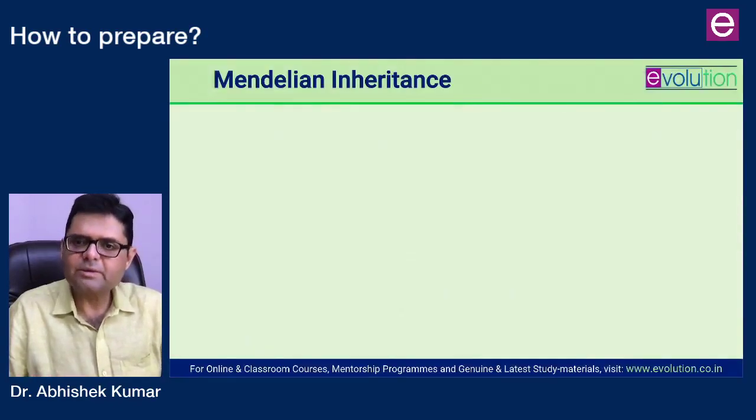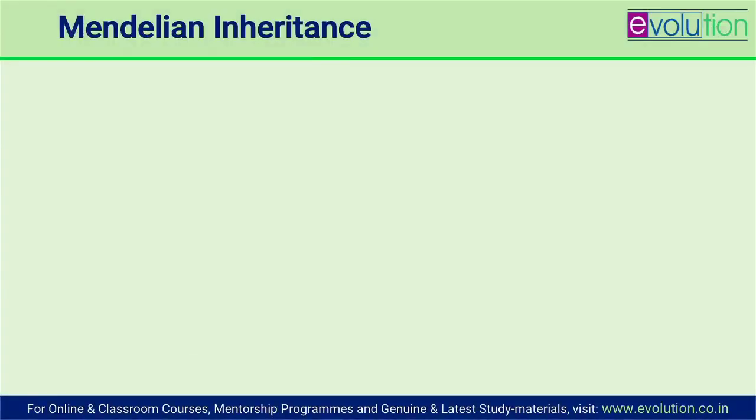The subsequent topics are going to be a little bigger. Mendelian inheritance. In Mendelian inheritance, there are three things that you need to be prepared for. First, the experiment of Mendel, in which you should cover a little history.